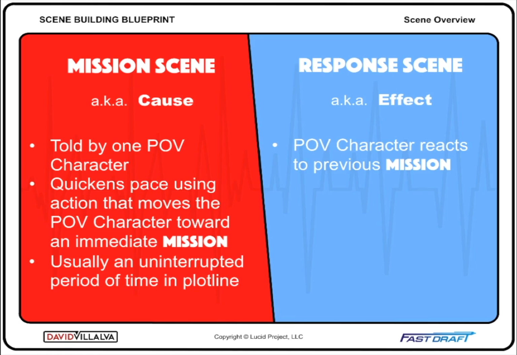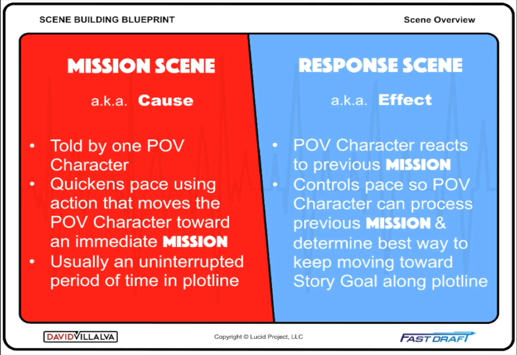Because here's where it's going to, again, be told by one point of view character, typically your protagonist. But the point of view character is going to react to the previous mission. They're going to react to whether or not they actually succeeded or failed in achieving that mission. It's also going to control the pace. Often it's going to slow the pace so the point of view character can process the previous mission, whether they won or failed.